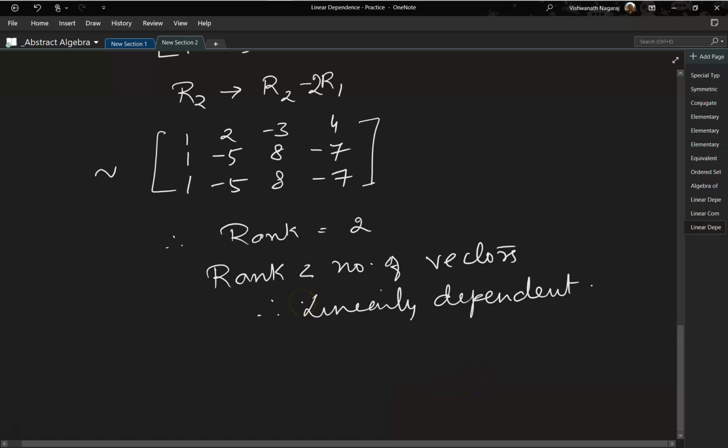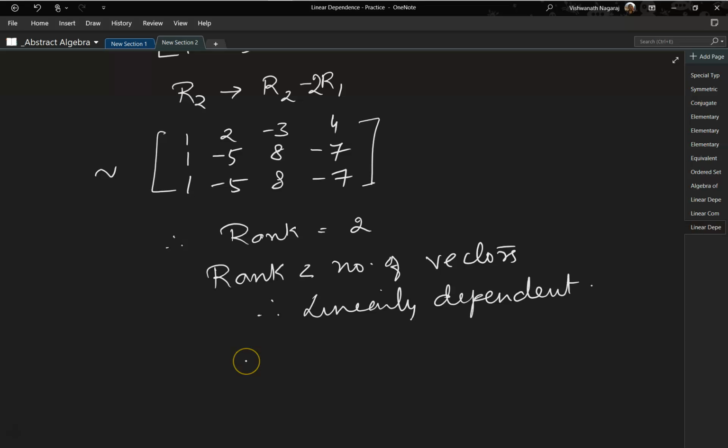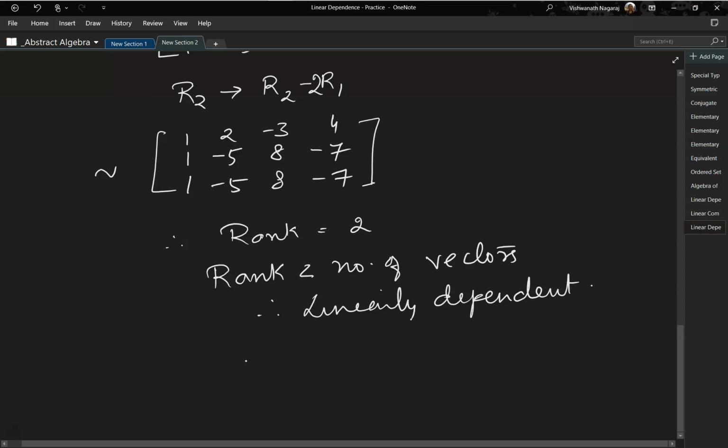So we can also say that there are two vectors out of 3 which are linearly independent. First and second or first and third are linearly independent, depending on which one we convert to 0.